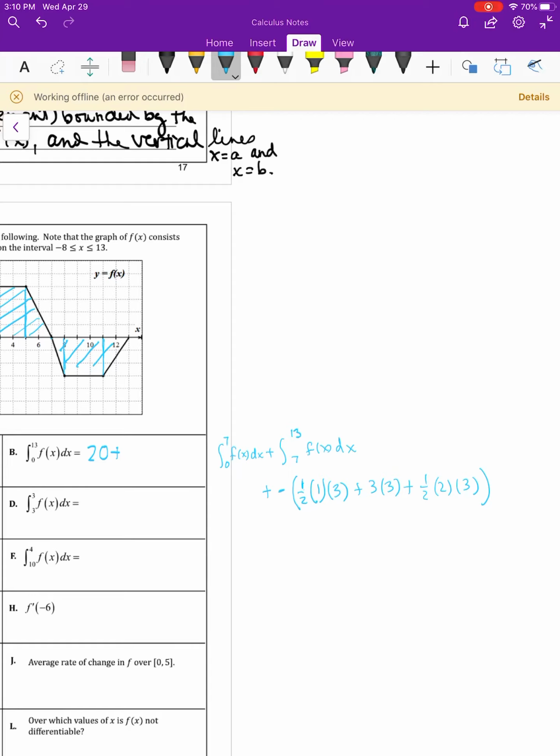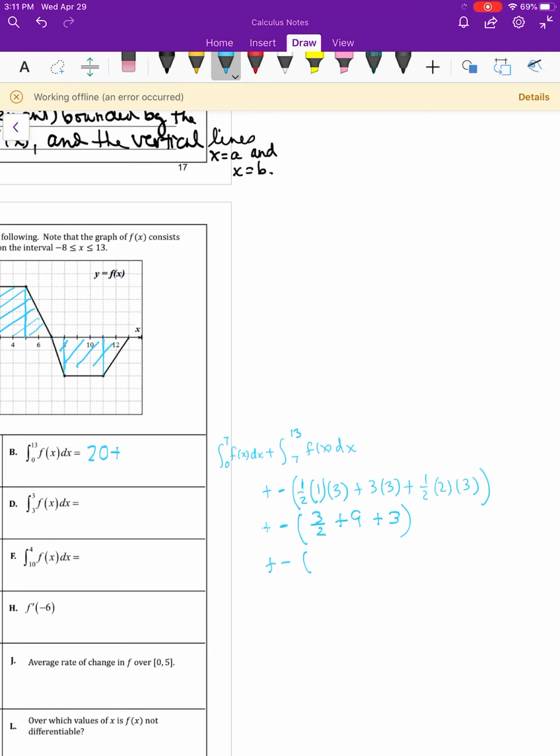Remember, when you're taking the area of a triangle, you're not going to say it's like a -3. You're going to just say, hey, that's the area of my triangle. It's below the x-axis. That's why I wanted you to keep it separate with that negative on the outside. I want you to look at that area as positive.